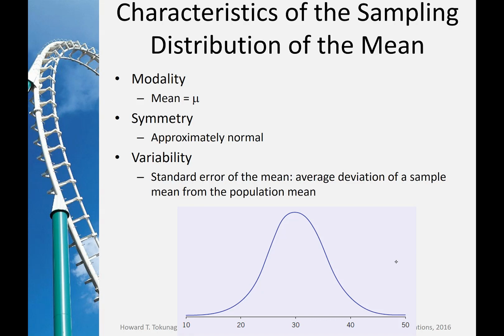So we're going to give it a new name. And we're going to call it the standard error of the mean. It's the standard error of the sample means. All of the sample means. So there's an amount of variance in our measure of variability because we're drawing from a sample.